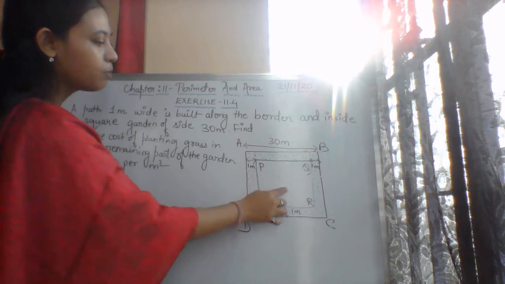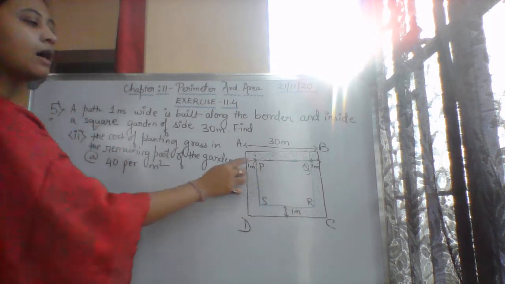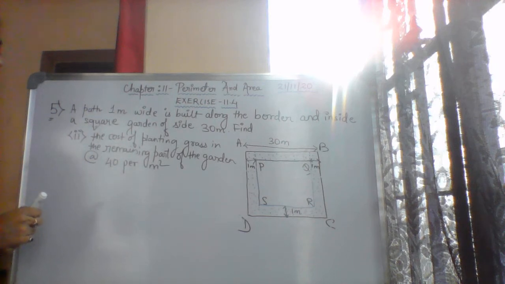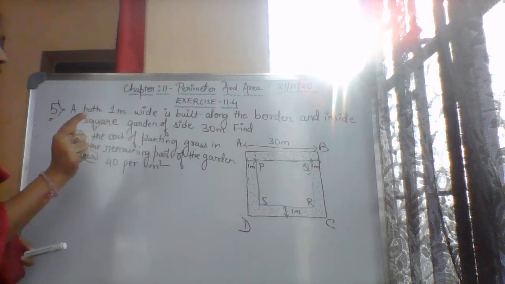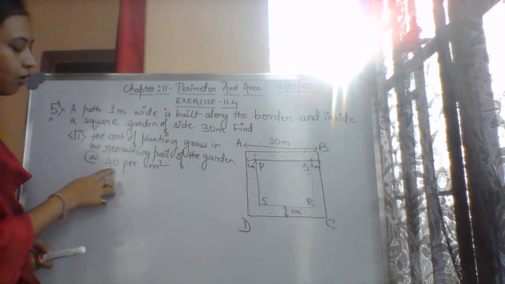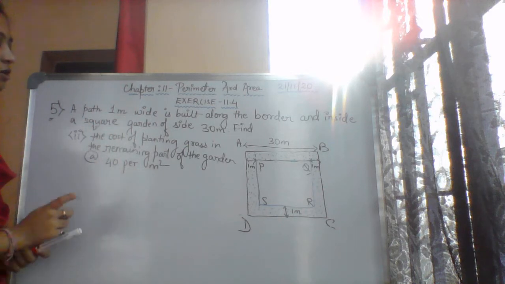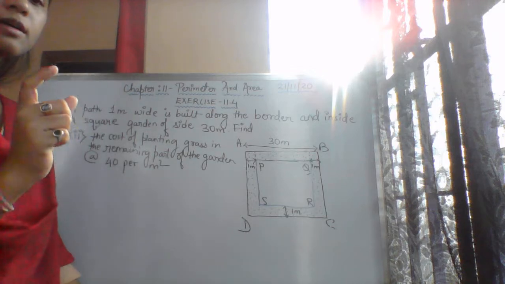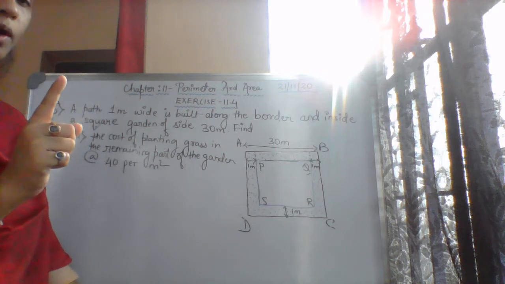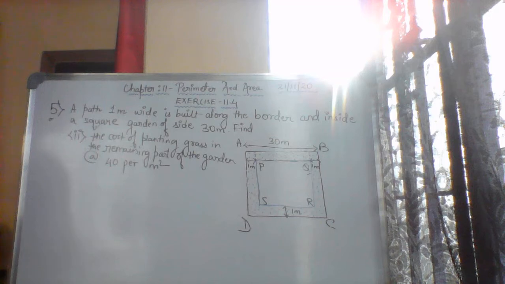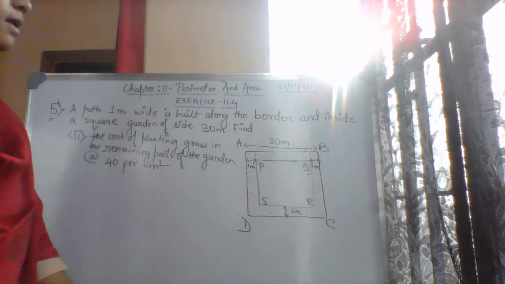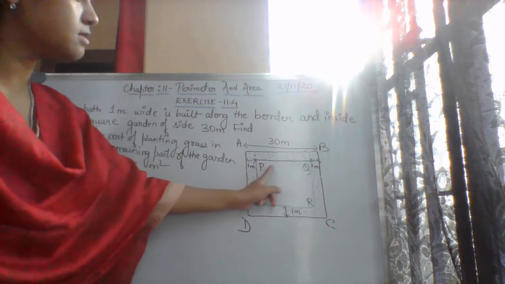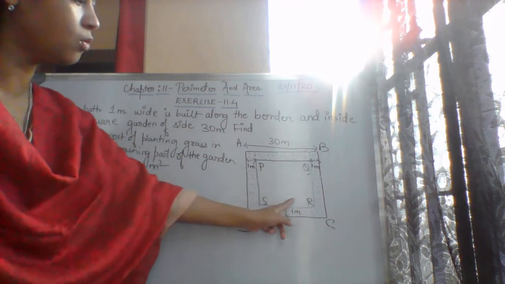We are going to plant grass in the PQRS region. So what will be the cost of planting grass in that part at the rate of 40 per meter square? For planting grass in an area of 1 meter square, it needs rupees 40. So how much cost will there be for planting grass in the whole part PQRS?